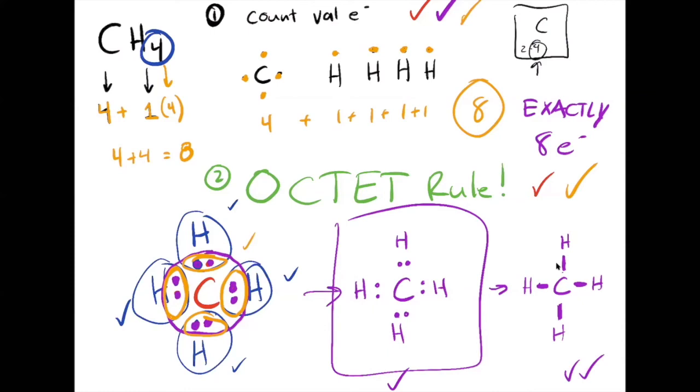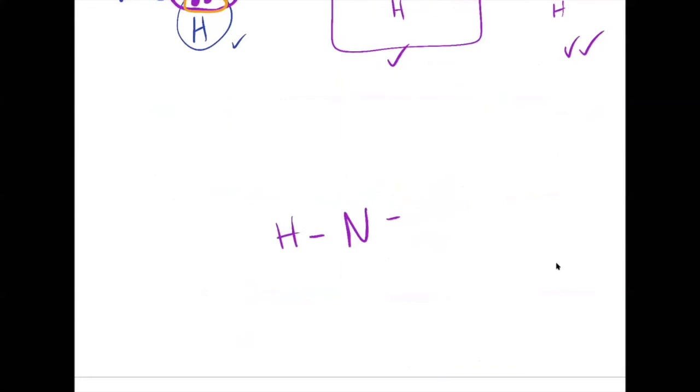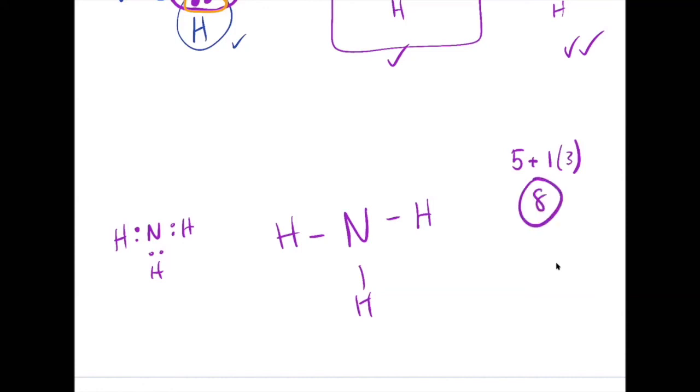Okay? If you were looking at another example, for example, NH3, this picture you are going to learn is incomplete. If you don't like the lines, you don't have to use them. I also have the dots available to you. But this picture is incomplete for both reasons. Number one, total number of electrons: nitrogen has 5, hydrogen has 1, and there are 3 hydrogens, giving me a total of 8.